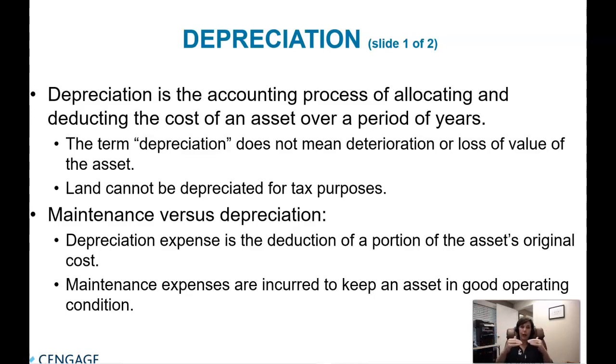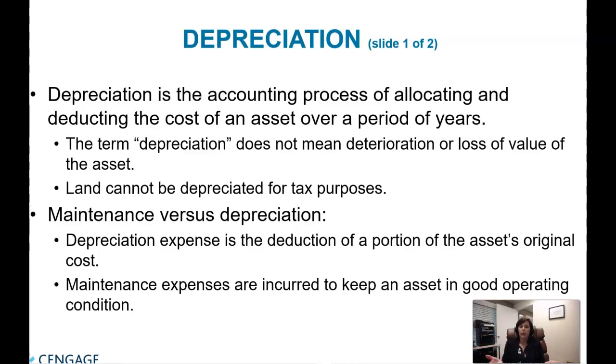The other thing that is often confusing is depreciation versus maintenance, and when do we take those? That becomes really easy when we acquire something. We buy our building, or we buy our vehicle, or whatever it is, then we know what our cost is.